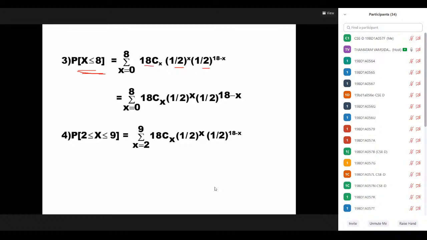N value is 18. Now, same logic: we have to expand the summation and substitute the values, then simplify, and you can get the required probability. Just now I explained how to expand this.